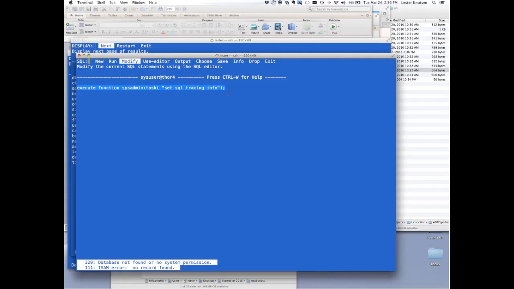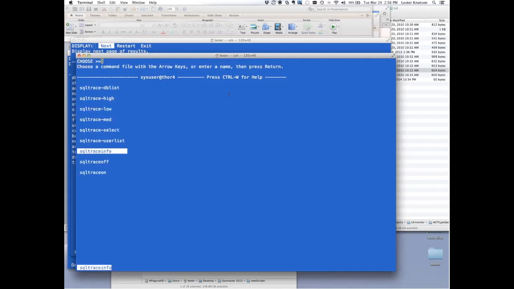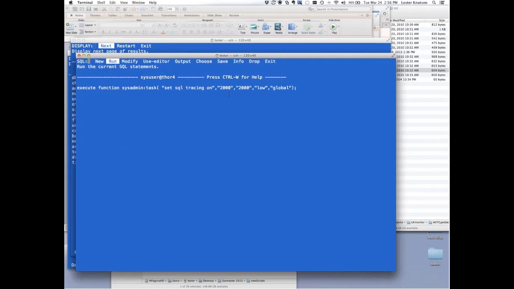This gets you info about SQL Trace. To turn it on for low, you just use the command sysadmin tasks set SQL Trace on, and I'm giving it 2,000K of buffers for 2,000 users, and it's on for all users. If I want to do it high, I can say SQL Trace on and give it the command high, and it will do it for all users high.